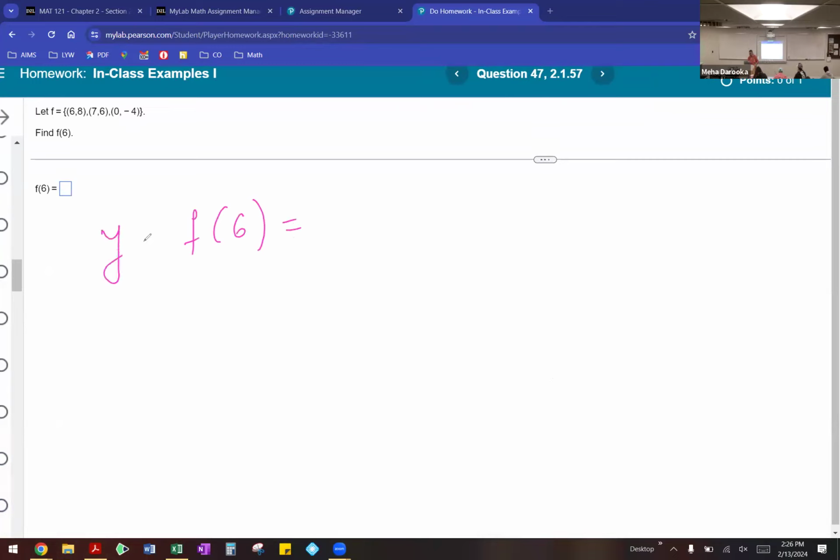Remember that is basically asking you to find the y value when x equals 6. So what's going to be the answer for f of 6 here? 8, very nice. You go find the ordered pair where your x value is 6, and you see its pair. What's the y value? That's going to be 8. So this is going to be 8, and that's our answer.